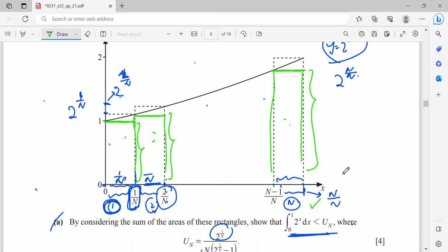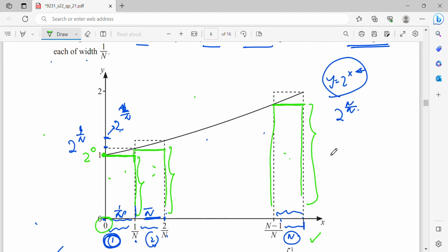Okay, so please take note of the height now. When you refer to the height, we are now referring to the first ordinate of the rectangle. Just now we referred to the second ordinate, but now no more second ordinate, we refer to the first ordinate. So the first value here is 1 because it is 2 power 0. Look at the graph, the graph is 2 power x, so we are referring to x equals 0.